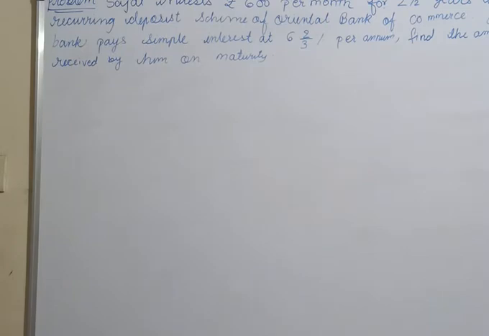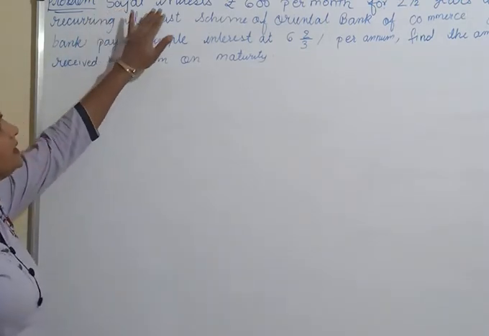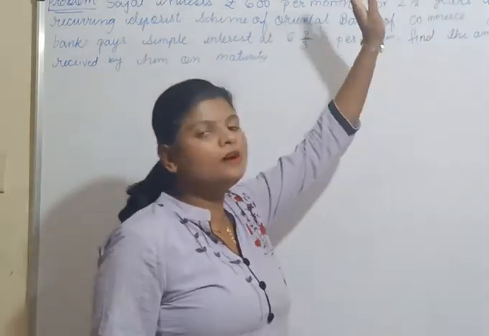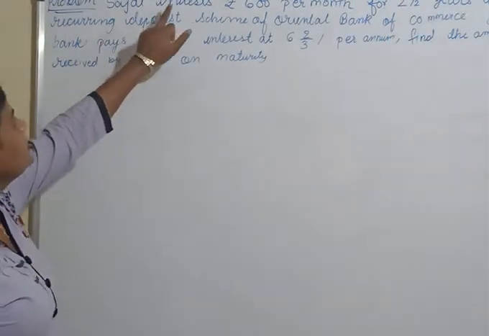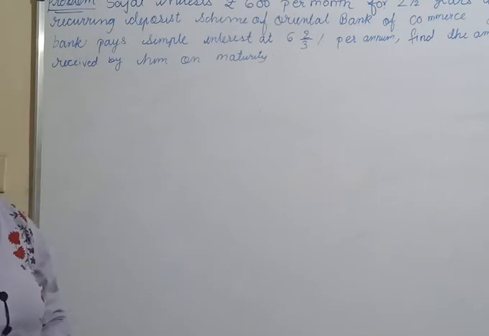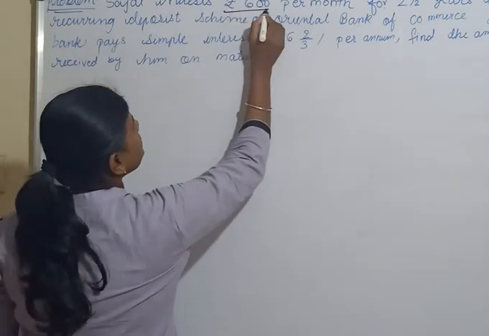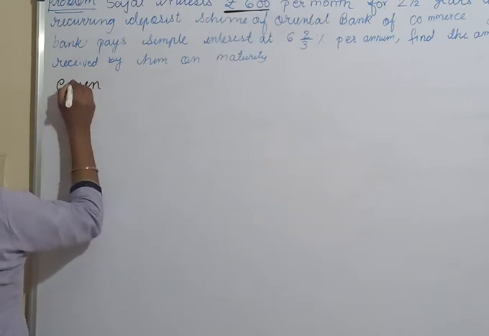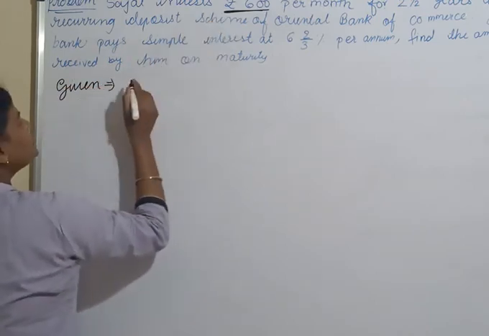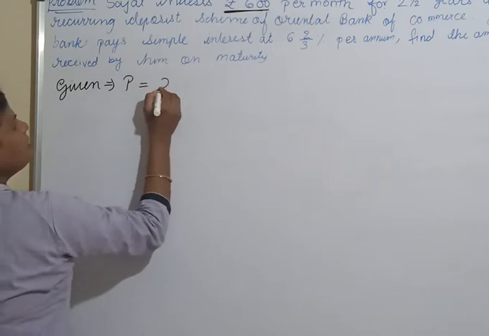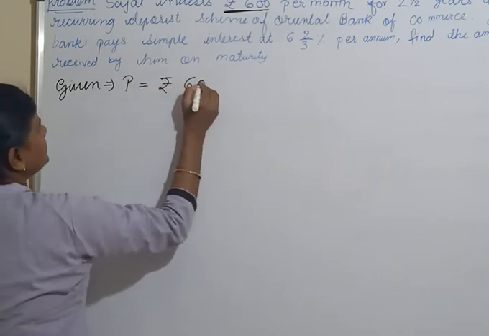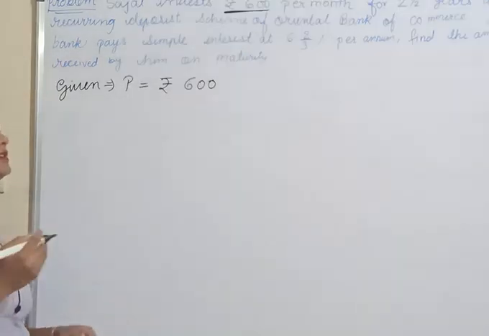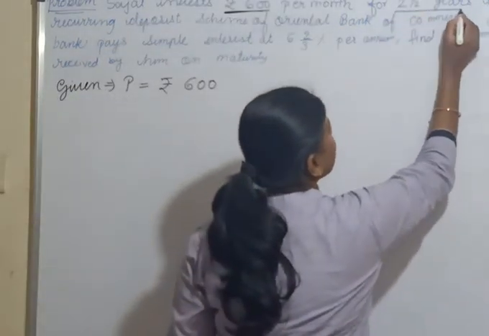In this problem, Sajal invests rupees 600 per month for 2.5 years. First we will write down what is given. This rupees 600 is the principal.